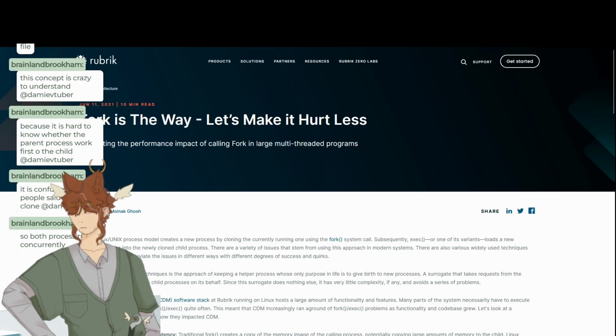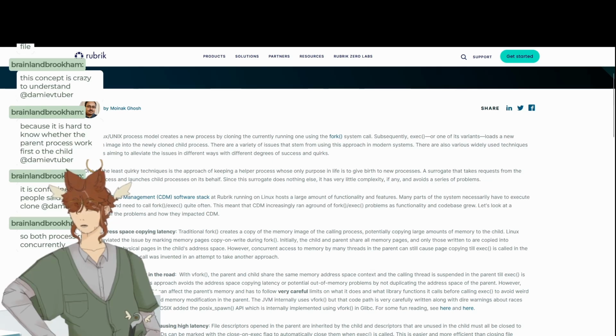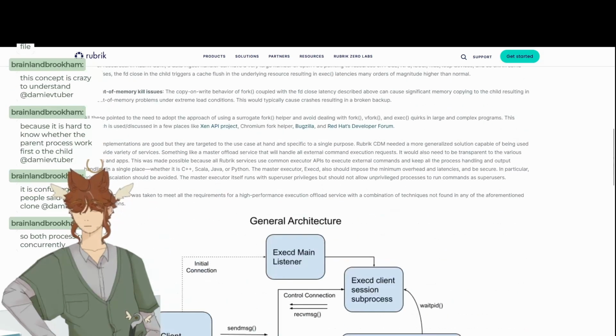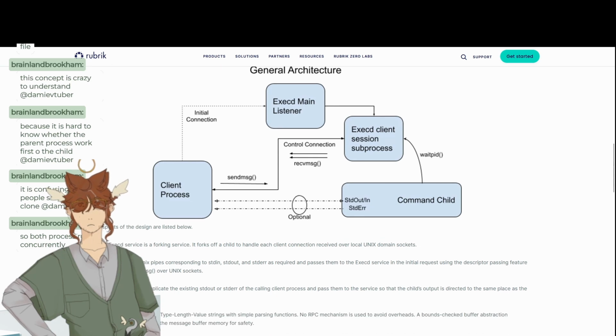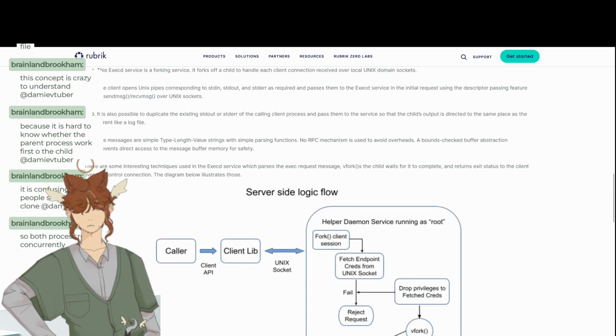Sorry, we're doing a read together. They both run concurrently, yes. The exec command is a forking service. It forks off a child to handle each client. It opens the Linux pipes, passes them in. It's possible to duplicate.